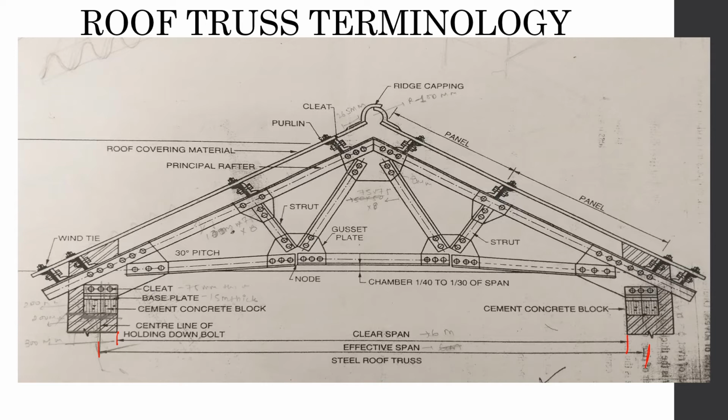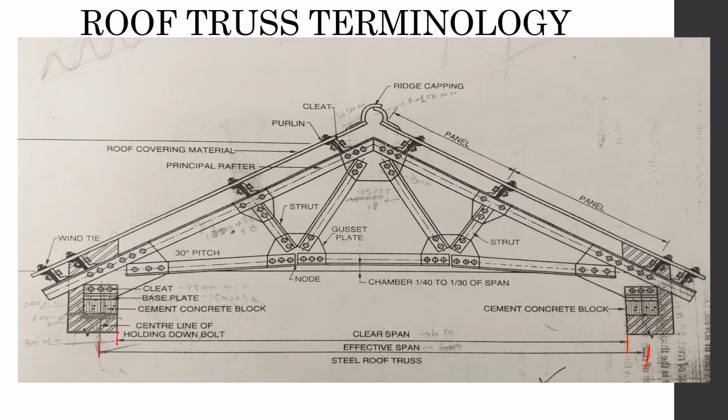So if you want, you can write the definition as I'm saying it, that the clear span is the clear distance between two adjacent supports. These two supports are adjacent to one another, so that's why they are adjacent supports, and the distance from wall to wall face is the clear span, and the effective span is the center to center distance between any two adjacent supports. So these two are the supports.